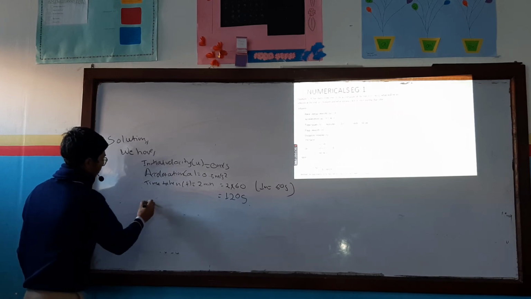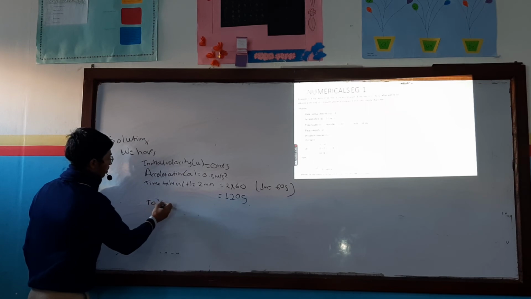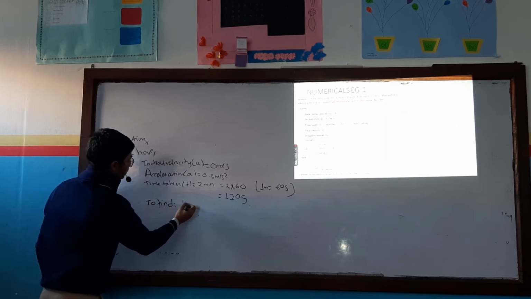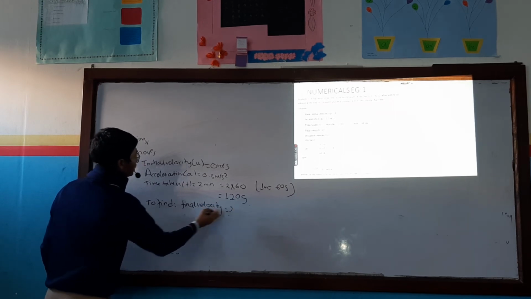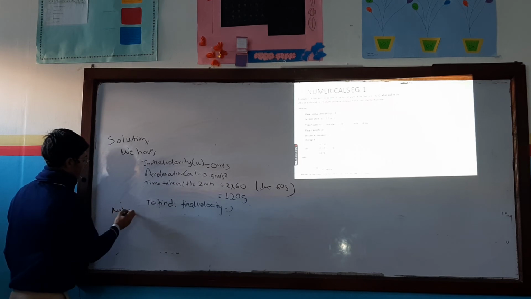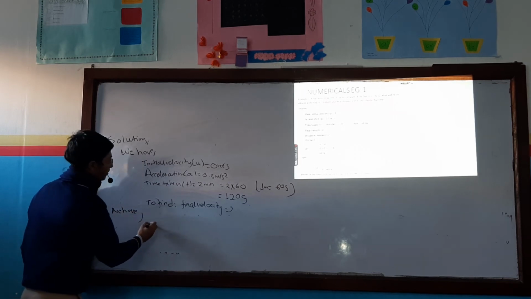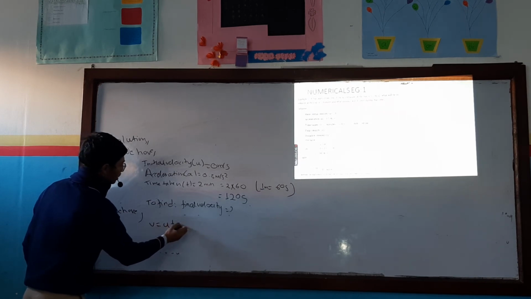So to find the final velocity, we have the first equation of motion, that is v is equal to u plus at.